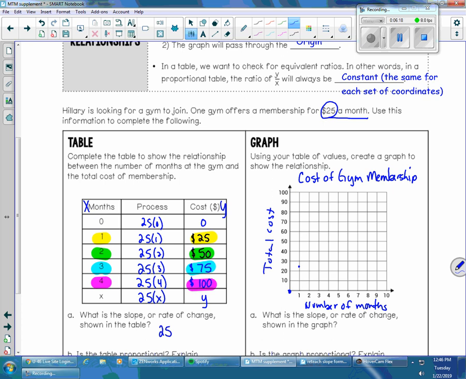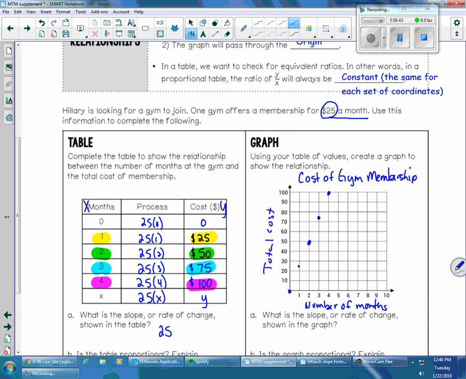Because it's going halfway, I'll just continue this way. So at 2, I'm going up to 50. At 3, I'm going up to 75. Again, that's halfway between 70 and 80. And then at 4, I'm going up to 100.